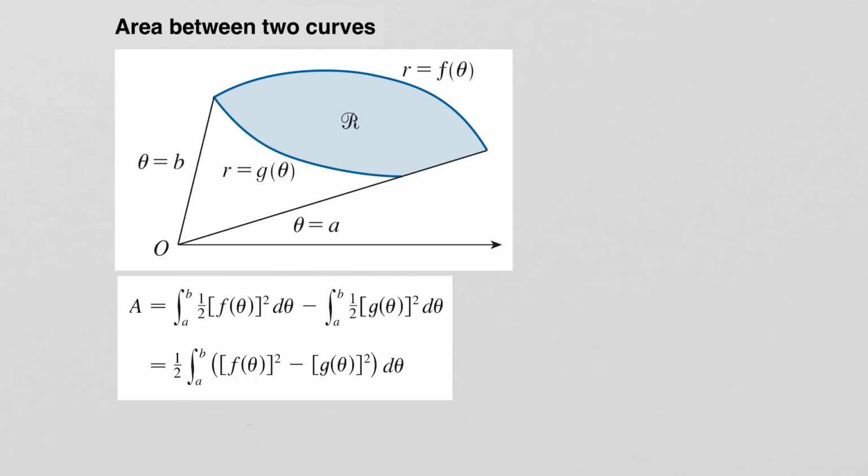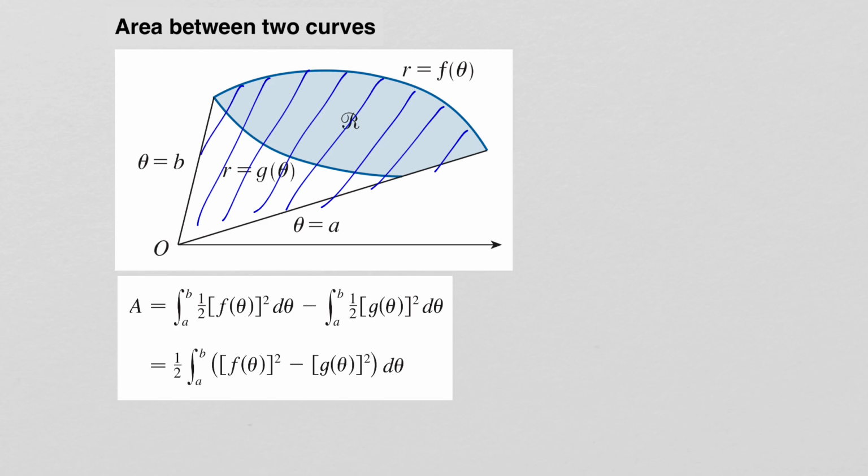Now let's talk about how to find the area between two curves, and also from theta equals A to theta equals B. This is fairly simple. What we're going to do is find the area underneath or inside of f of theta, which is this area here. And then we just find the area inside of g of theta.